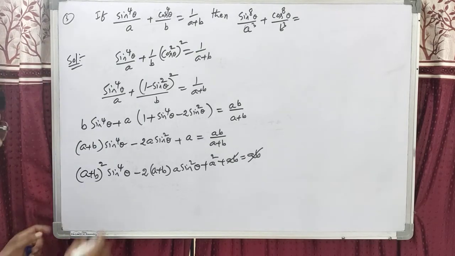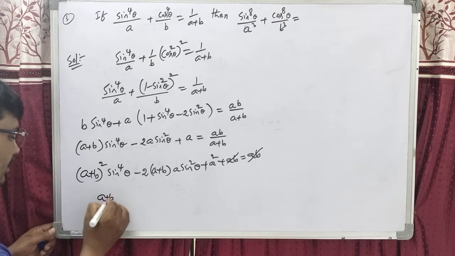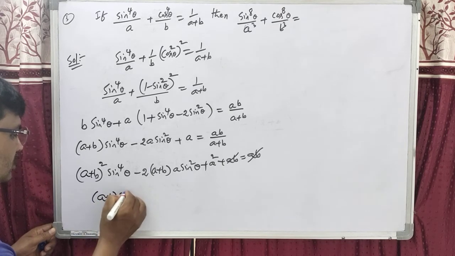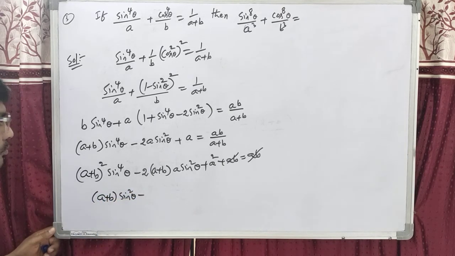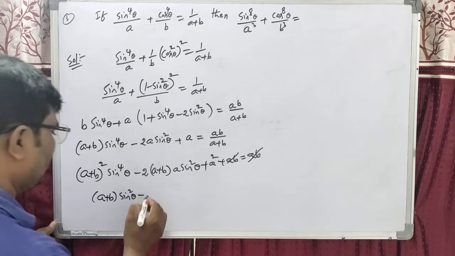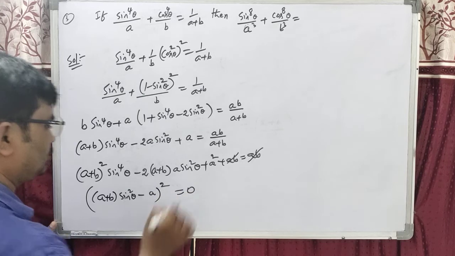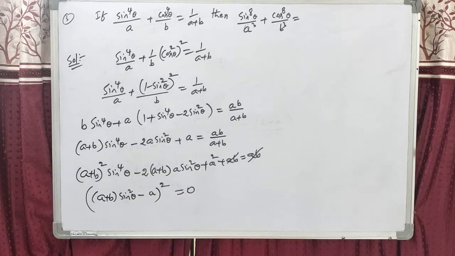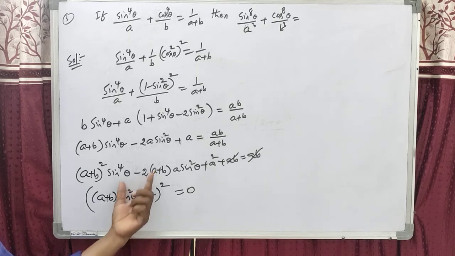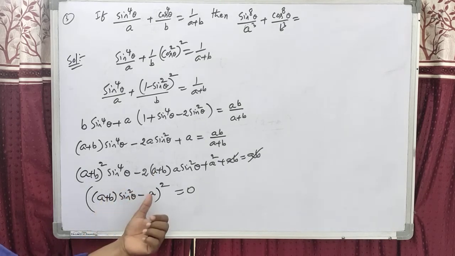This is, students, how to write this one? (a plus b) into sin square theta, minus a whole square equals 0. Dear students, we have to compare with (a minus b) whole square, a square minus 2ab plus b square.